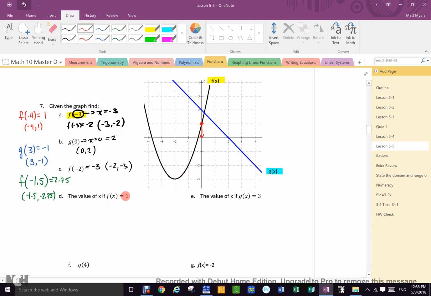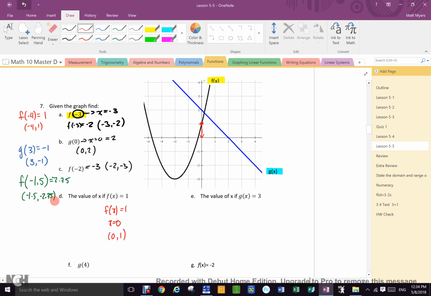F of x equals 1, so x equals 0, because it's right there. Is everybody good? Yeah? So what's the ordered pair? 0, 1. Everybody cool? All right.